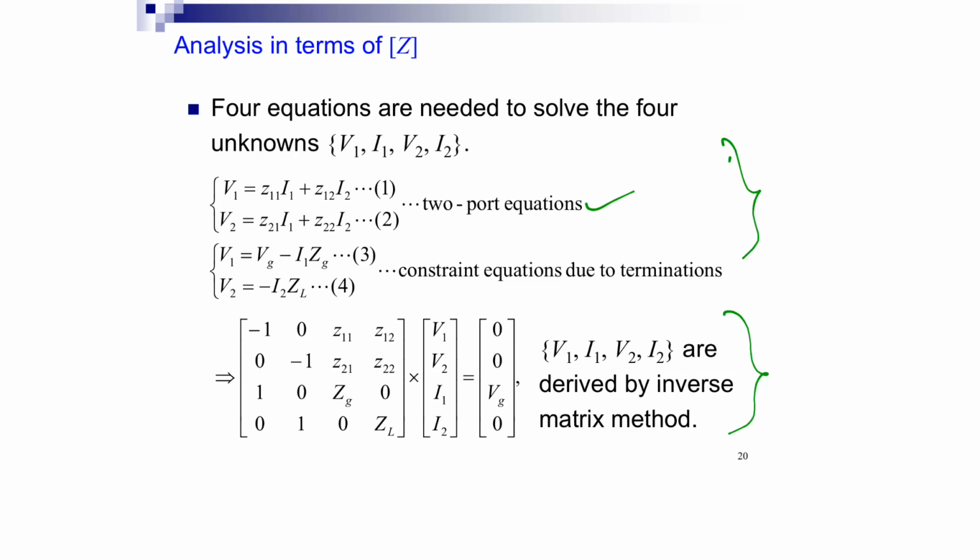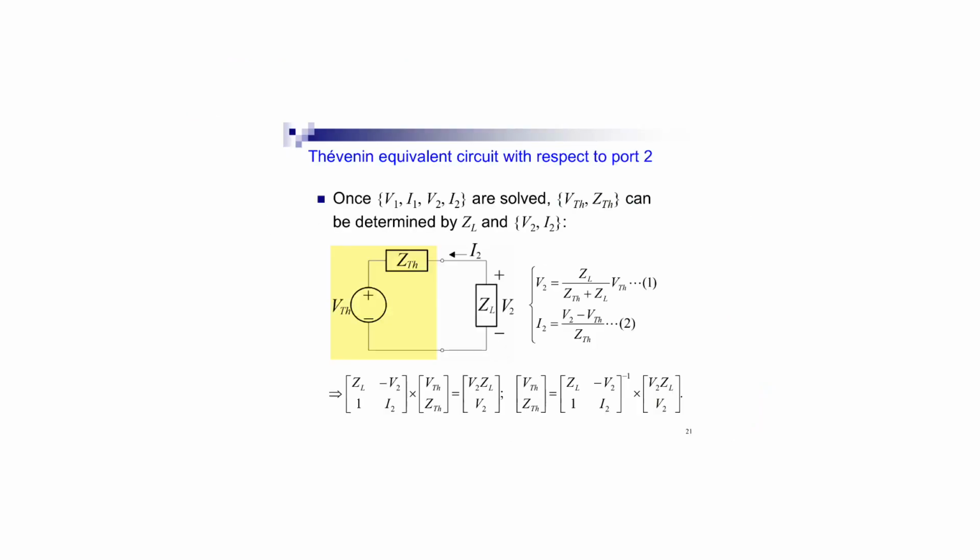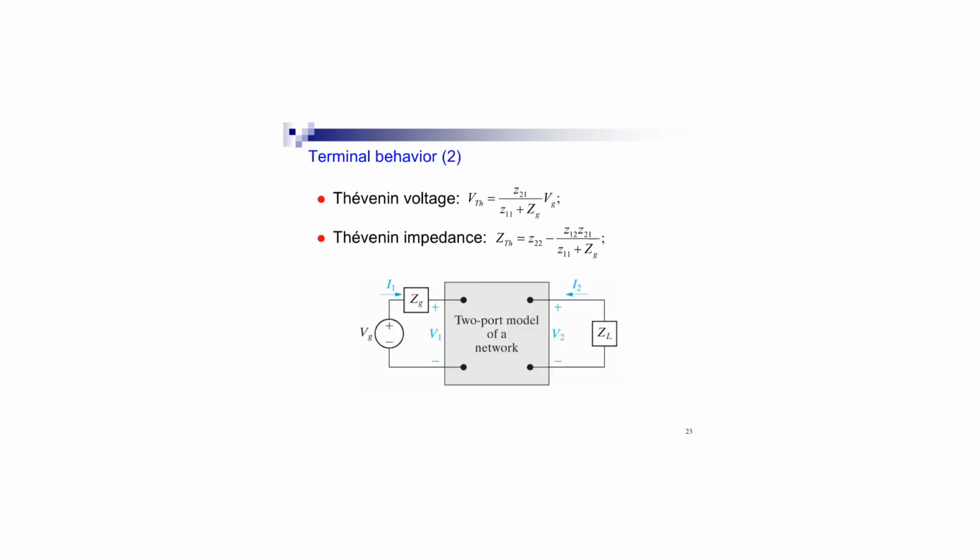Only what you should remember is the ZTH and VTH values. For this one also you assume that at the secondary side, the port 2 side, the entire circuit is replaced with ZTH and VTH. These are the equations. Just remember these two equations.